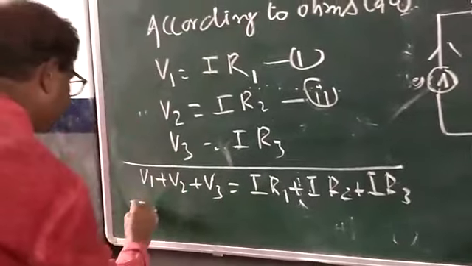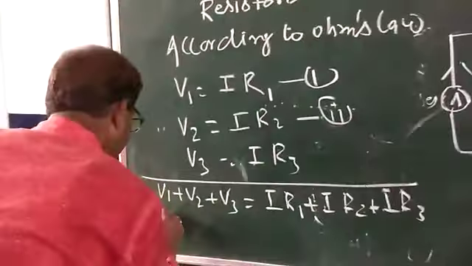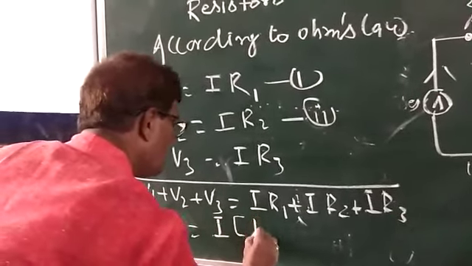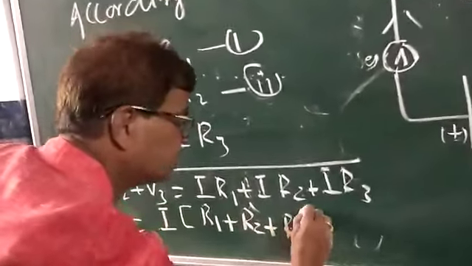V1 plus V2 plus V3 equal to V, so this can be replaced as V, and I is common. So I times R1 plus R2 plus R3.